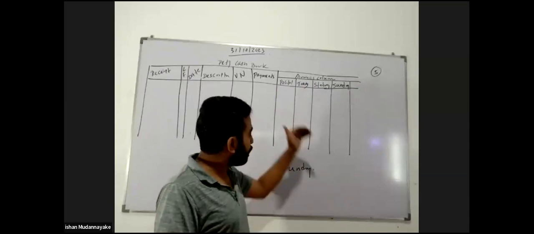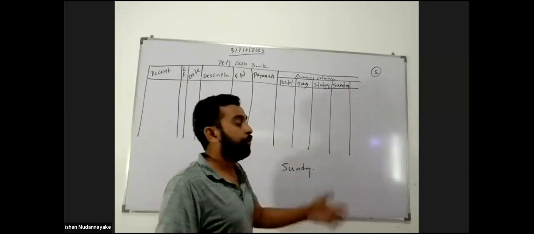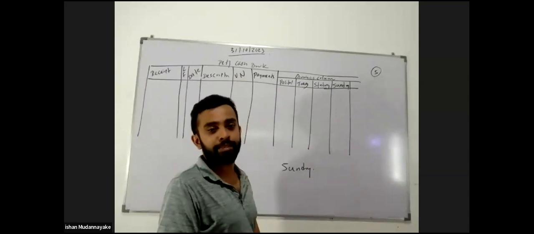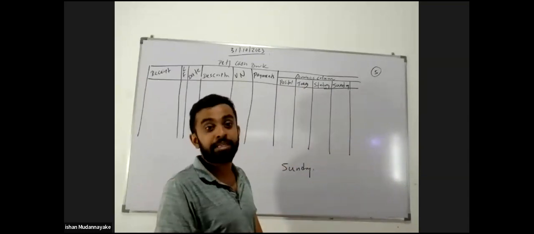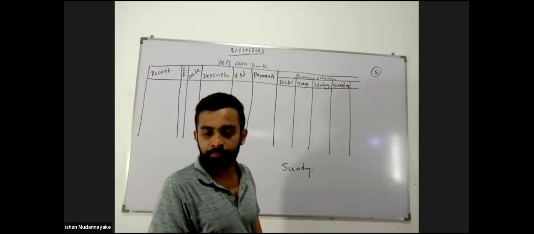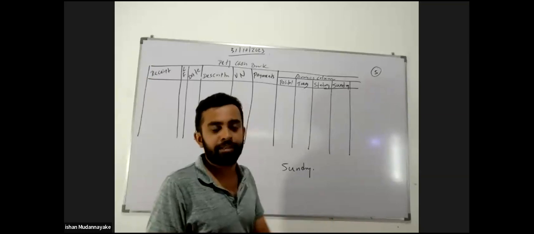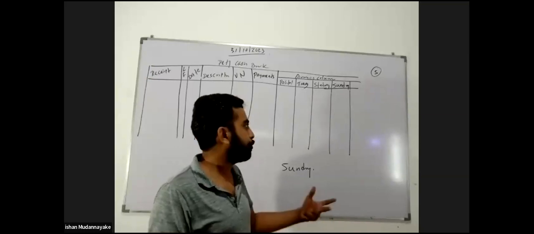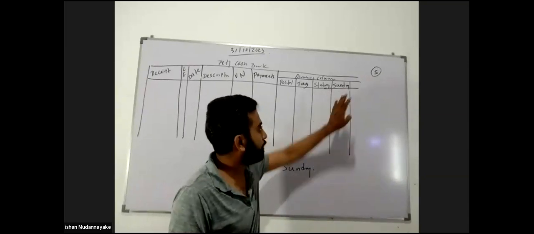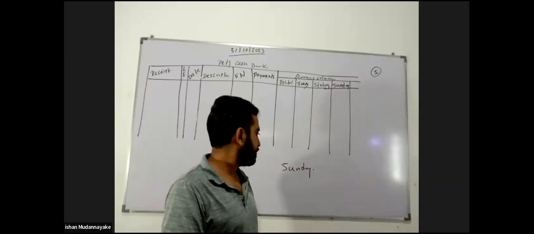But if you can't categorize petty cash payments into these headings, all those petty cash expenses will be recorded under sundry or miscellaneous expenses. Let's say you paid 100 rupees to a beggar. Then that paid amount you need to record in the sundry expenses line.